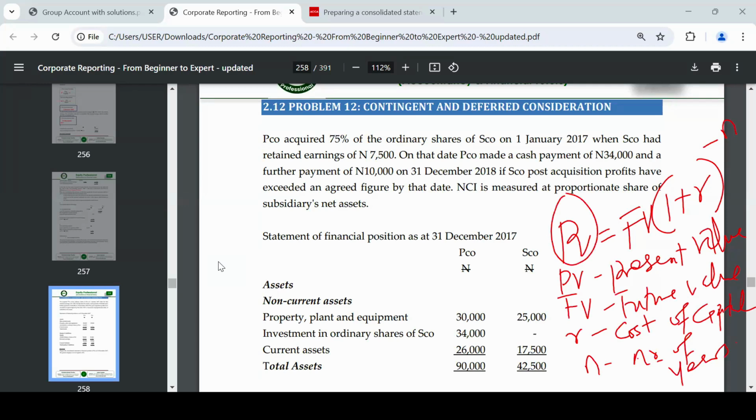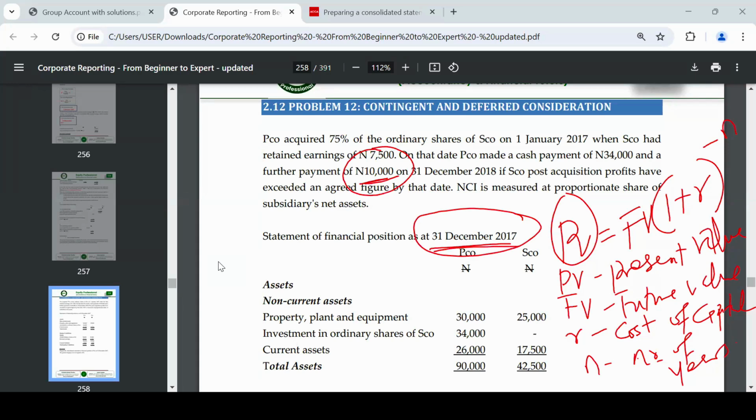Now, when you get the present value, of course, if the future payment is, for instance, this 10,000, if you have to pay 10,000 in December 31st, 2018, and we are consolidating at December 31st, 2017.